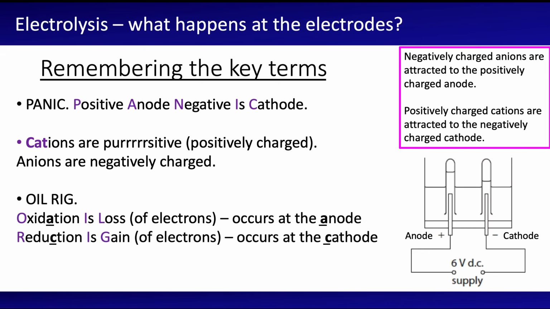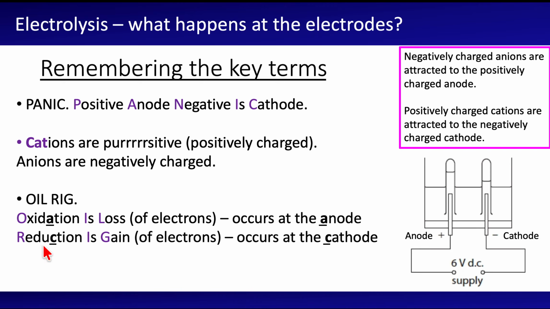When the ions arrive at their respective electrodes, there are two reactions that occur. One is oxidation and one is reduction, where the ions are discharged to form atoms. Okay, now at the anode, oxidation, A for anode, we get the loss of electrons occurring, i.e. the ion will lose electrons when it discharges to form atoms.